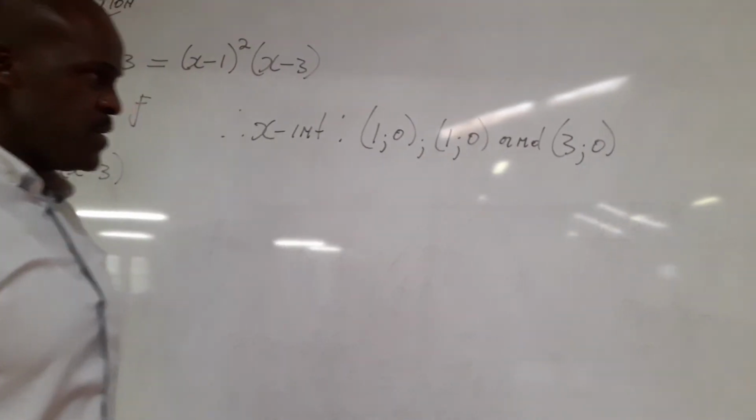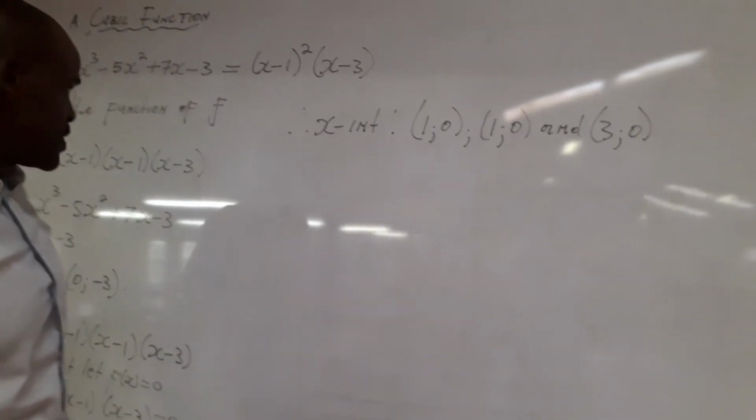These are our x-intercepts. So now we are to find the stationary point.